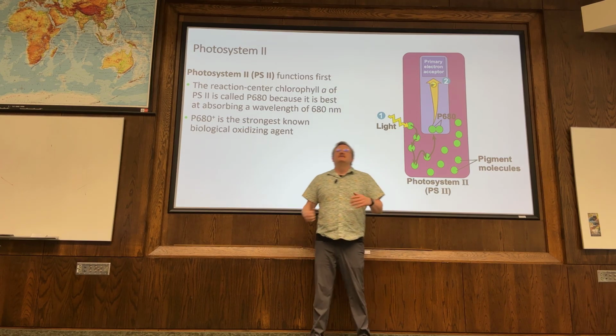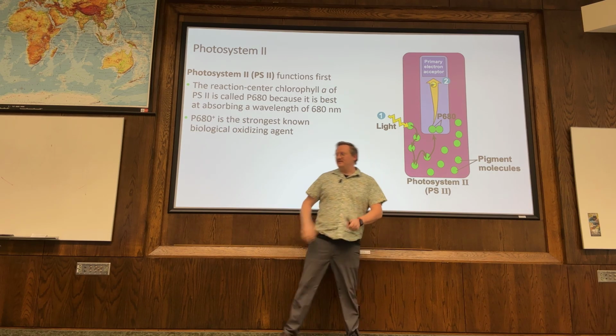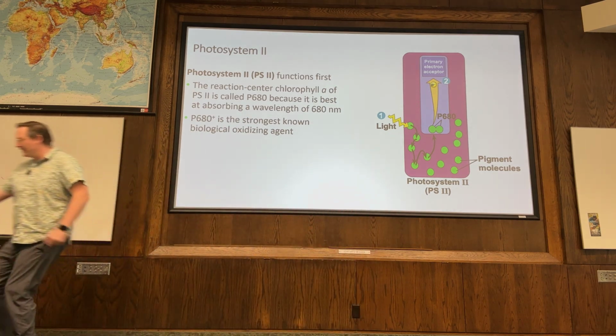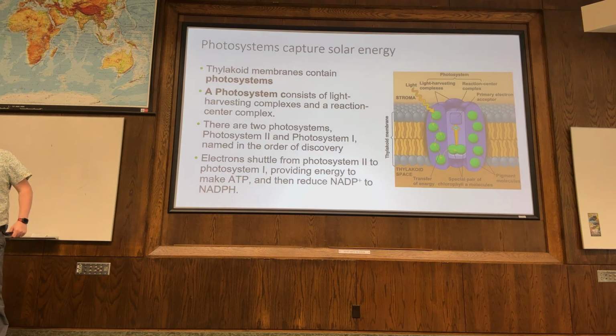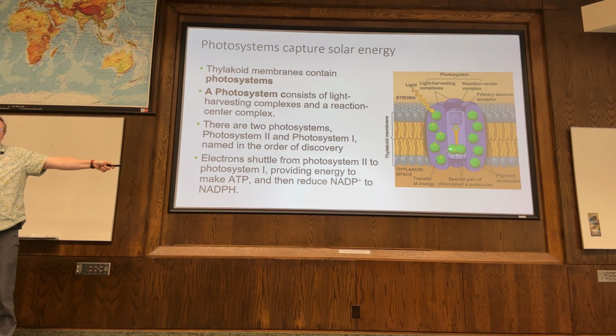Okay? My point here is just that there's not one pigment that absorbs the light. These diagrams can trick you into thinking the light hits a single pigment, and then that pigment transfers energy through a bunch of different pigments to hit the reaction center eventually.